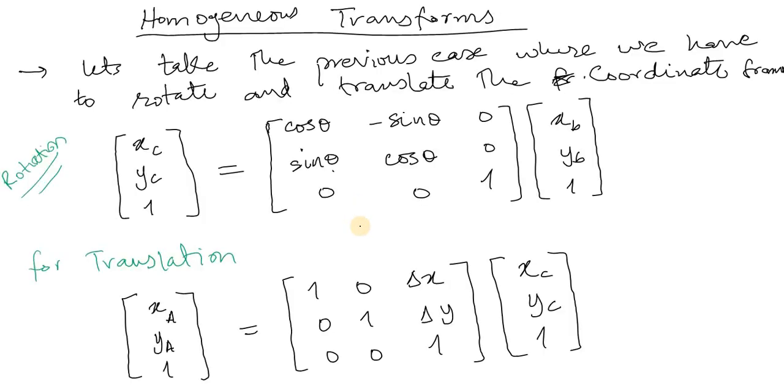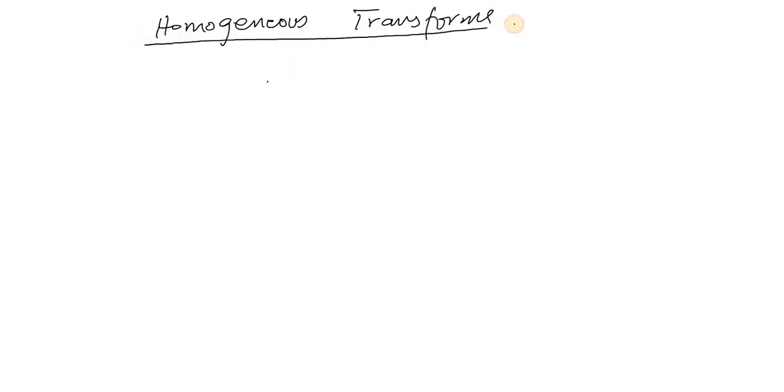It means that if we multiply these two quantities, for example, putting the value of xc, yc, and 1, this vector here, we get something like this: x of a, y of a, and 1.